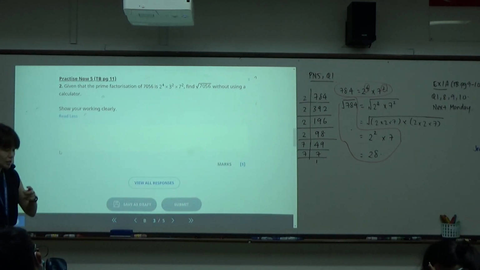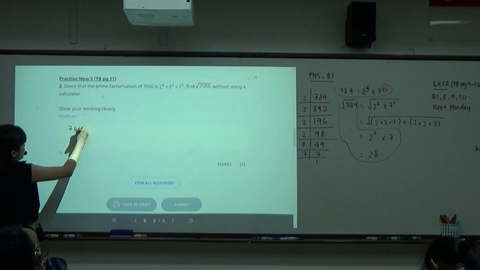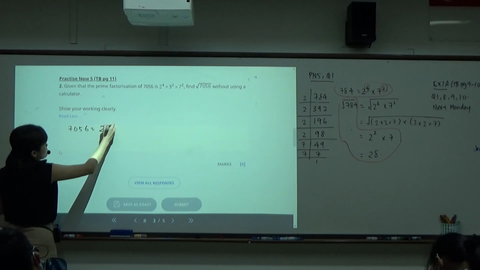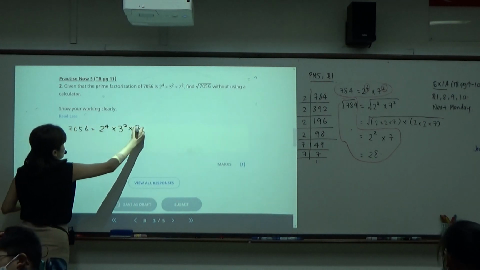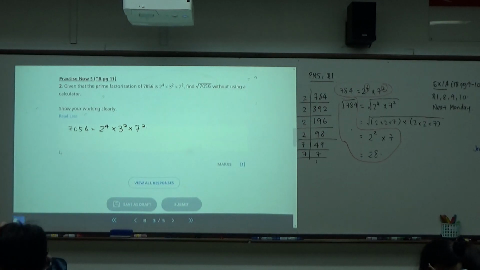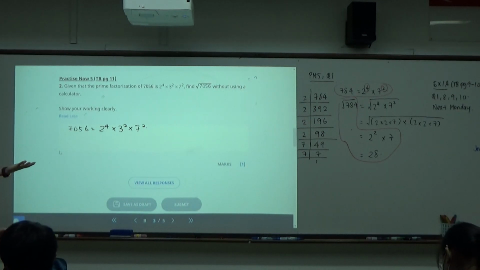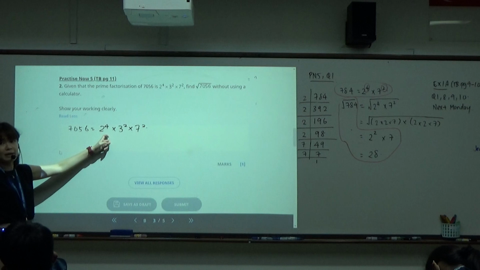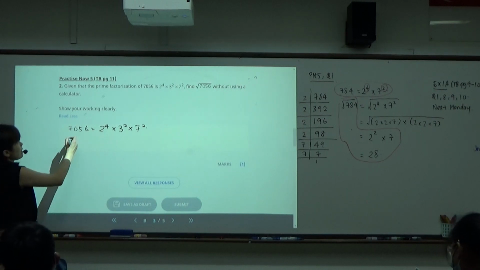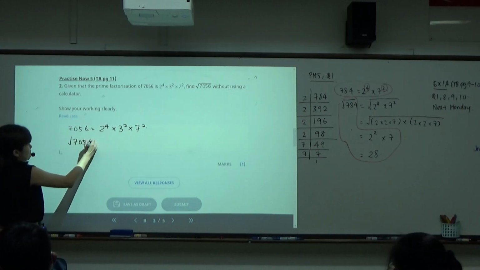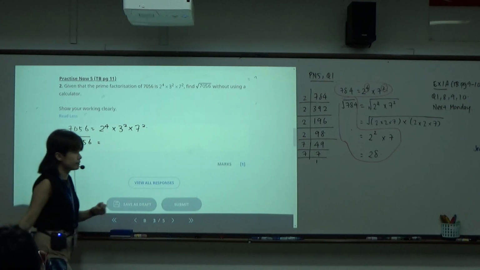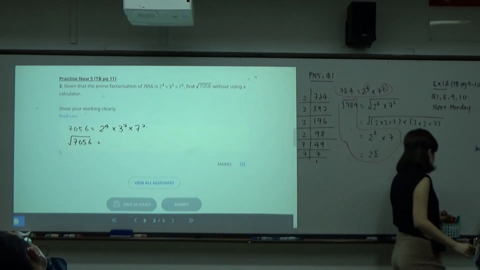So 7056, the question already told you this is the case. And just now we concluded that taking square root means our power will divide by 2. So the square root of 7056 is equal to 1. Let me just call on it.